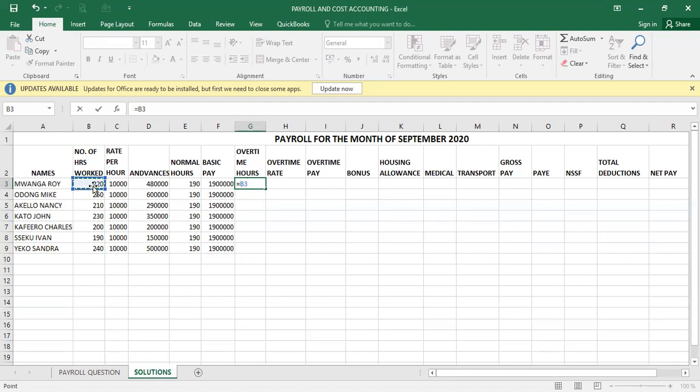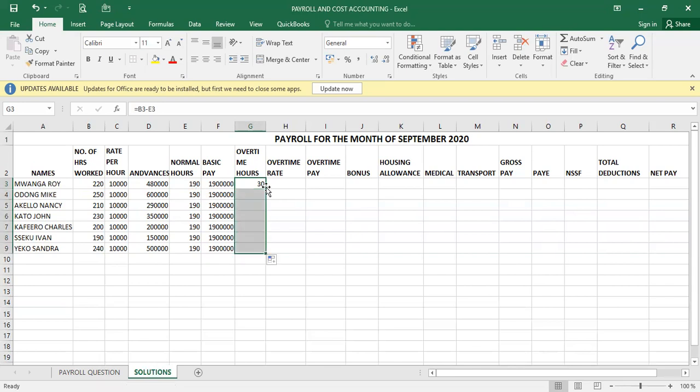This one worked for 220. But our normal working hours are supposed to be 190 hours. So we deduct: B3 minus the normal hours, which gives us 30 hours. If you deduct 190 from 220, you get 30 hours.